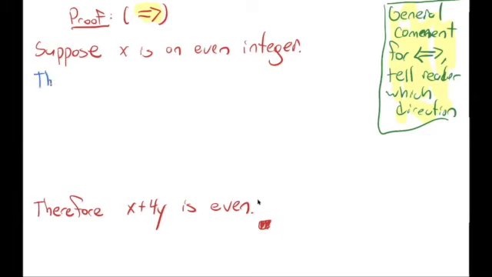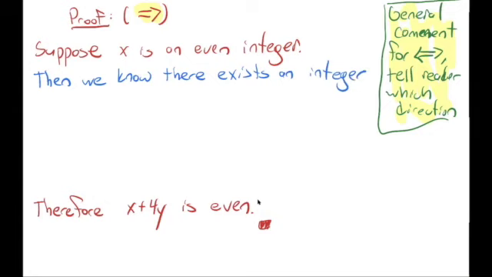So this would tell us that there exists some other integer, call it anything we want other than x and y, so that we get just essentially by rewriting the definition of what it means that x is even.